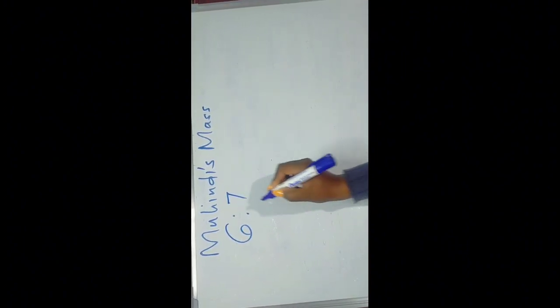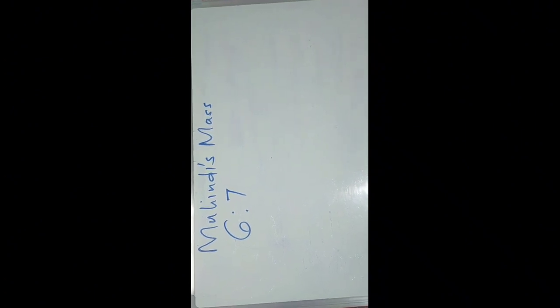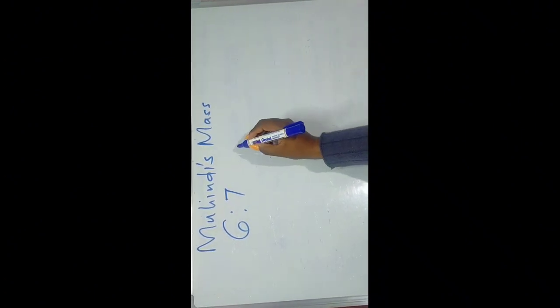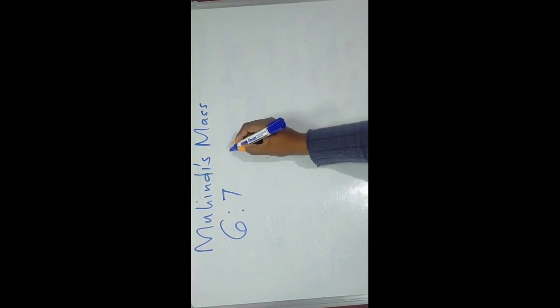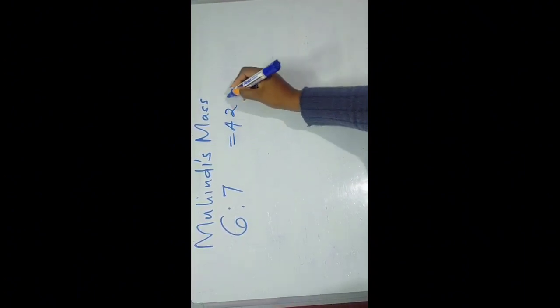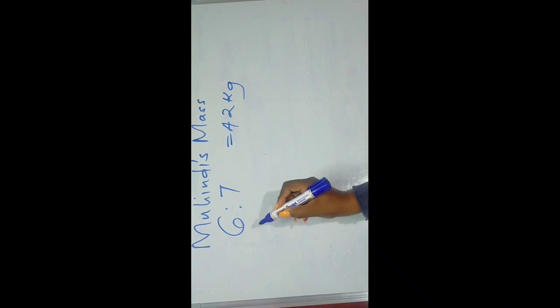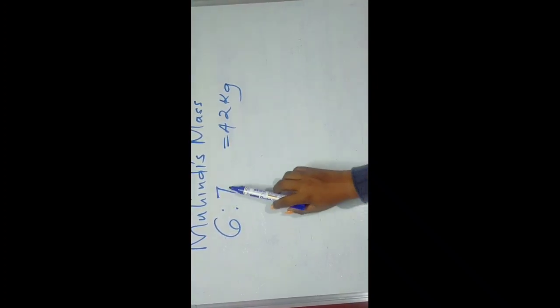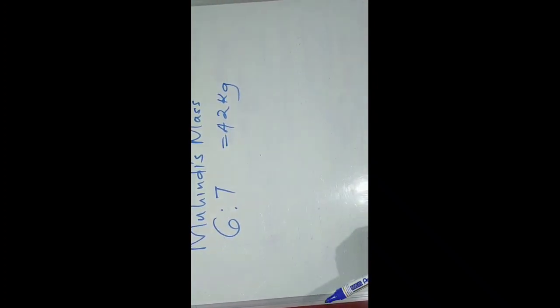So the mass of Muhindi has changed in the ratio 6:7 in the last 1 year and is currently at 42 kilograms. So what this means is 6:7 represents a decrease.